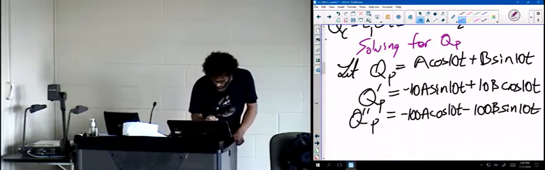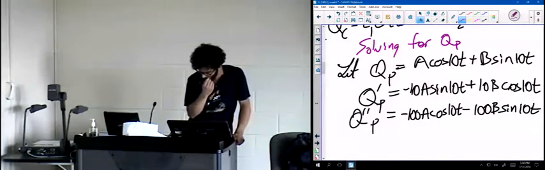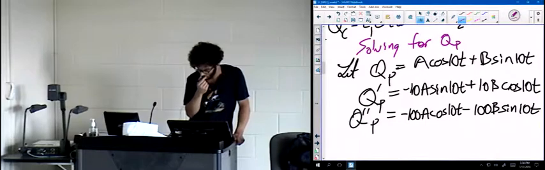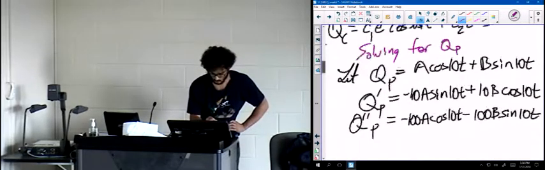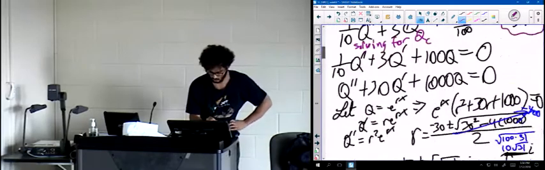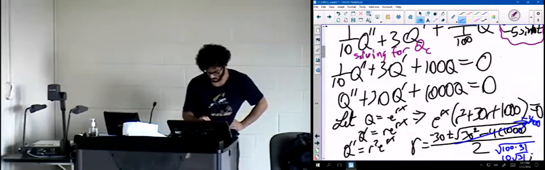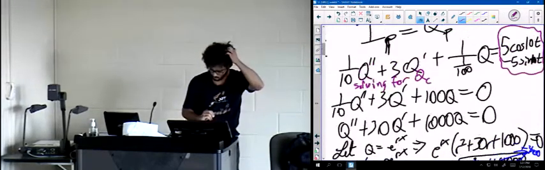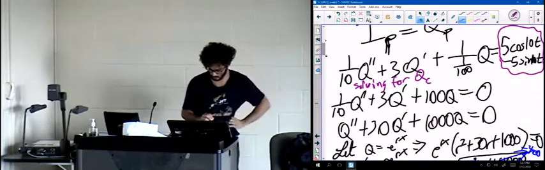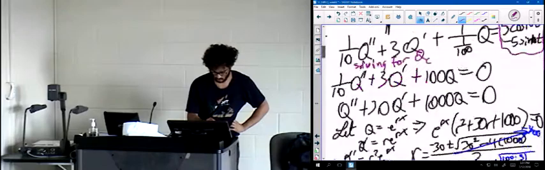I'm just checking my work real quick. I don't want to make any mistakes. Okay. That looks good. It's going to be, let's see here, 1/10 Q double prime plus 3Q prime plus 100Q.